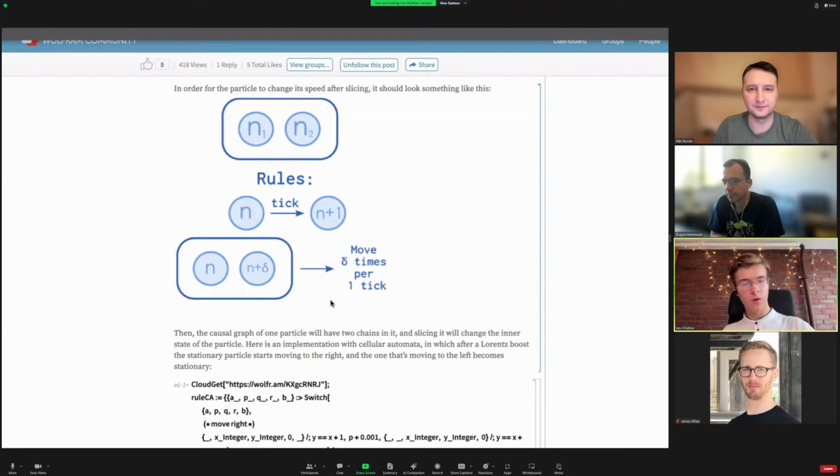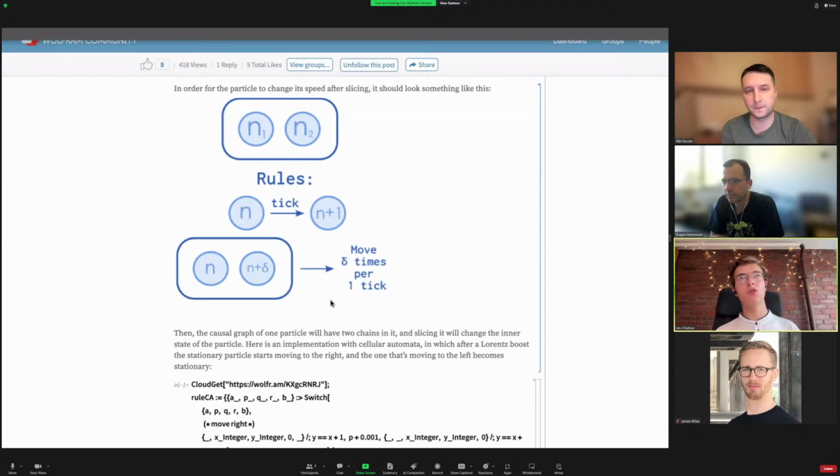So what we want here is some framework of describing the particle, a kind of system on the hypergraph, or just in general in the Wolfram systems.